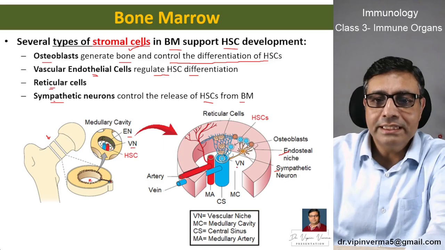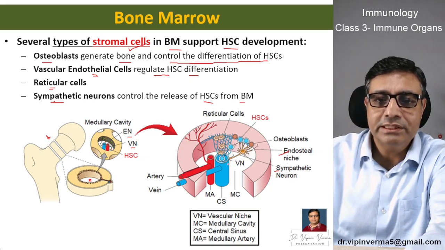VN is the vascular niche because they are near the blood vessels. We sometimes call them perivascular, meaning around the blood vessels. So towards the center is the vascular niche, and towards the periphery, away from the vascular niche, is the endosteal niche.